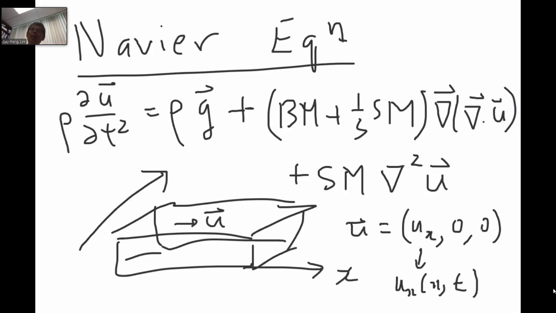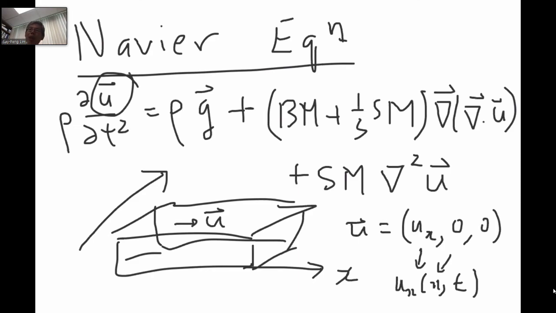That's this u we're talking about. In general, it's a function of x, y, z, but since we are creating a planar disturbance, it doesn't depend on y and z.